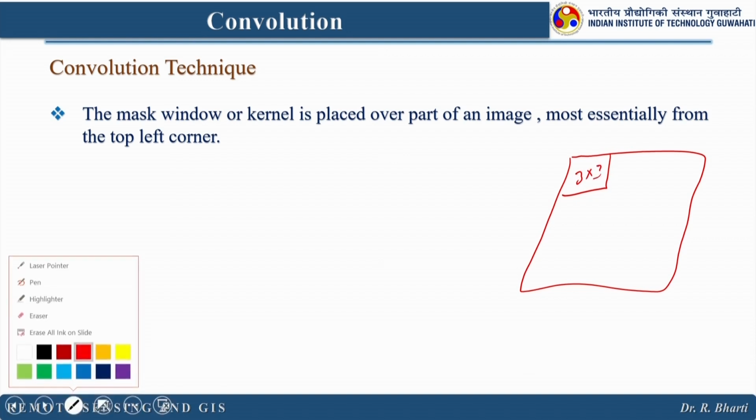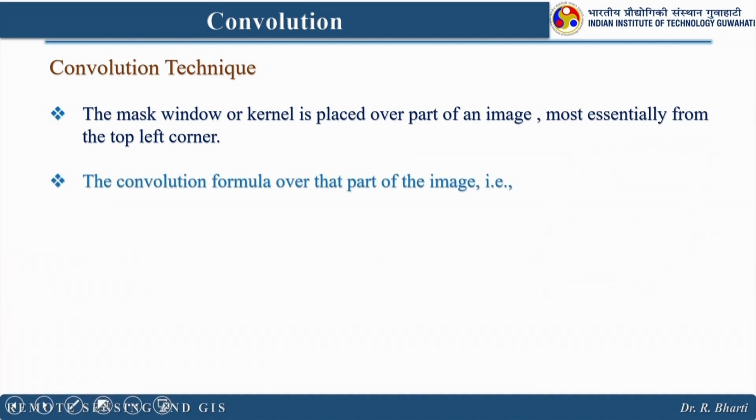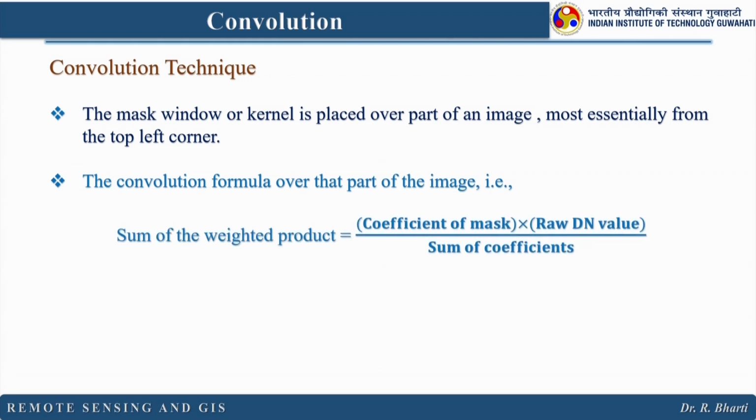The second point is that the convolution formula is applied over the part of the image. We are putting our convolution formula on top of the image. This is just to understand how we perform this. The value thus obtained replaces the central value.